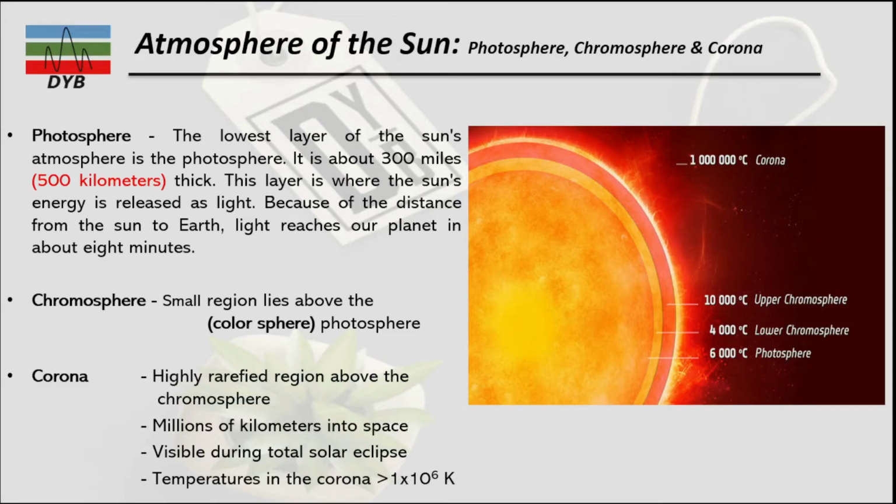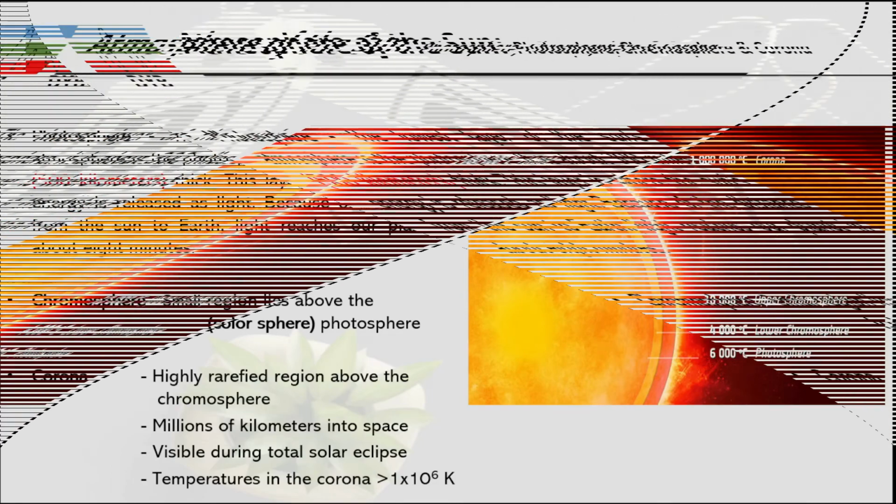It is visible during a solar eclipse. When there's a solar eclipse, the layer you can see around the sun is the corona. The temperature of the corona is around 1 times 10 to the power 6 Kelvin, about a million degrees Celsius as well.